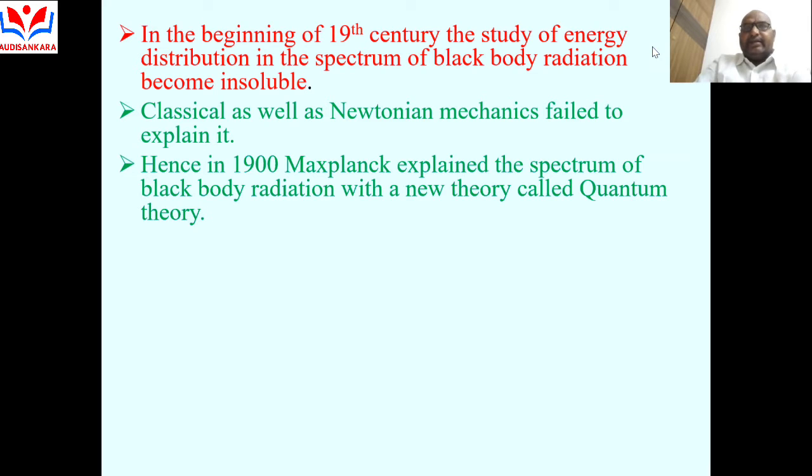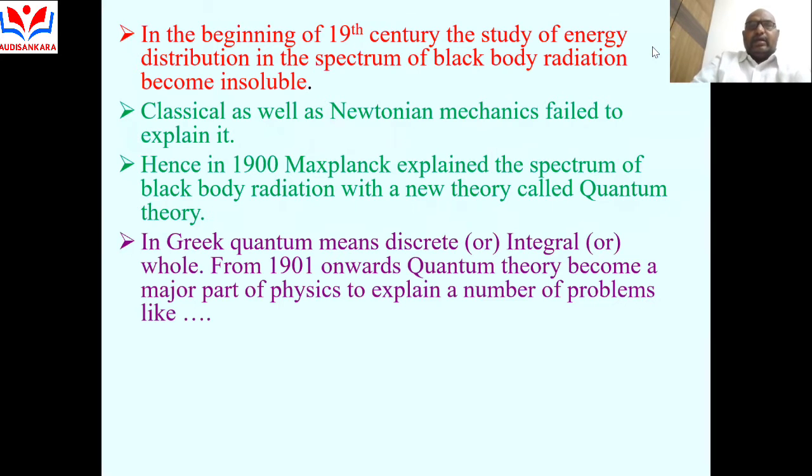Hence, in 1900, Max Planck explained the spectrum of black body radiation with a new theory called quantum theory. In the Greek language, quantum means a discrete or integral or whole.